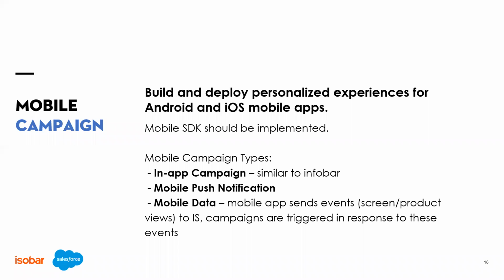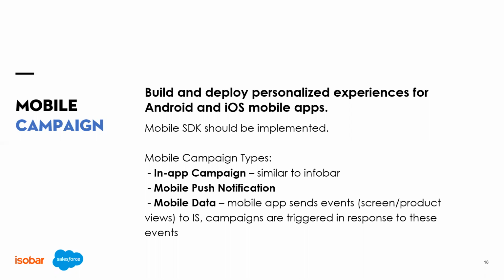Now we will speak about mobile campaigns, which is also an interesting topic. I won't cover it very deeply, but just to give you an overview of what insights are brought with the mobile campaign setup in Interaction Studio, because we can also use Mobile Studio in Marketing Cloud. So what are the differences?